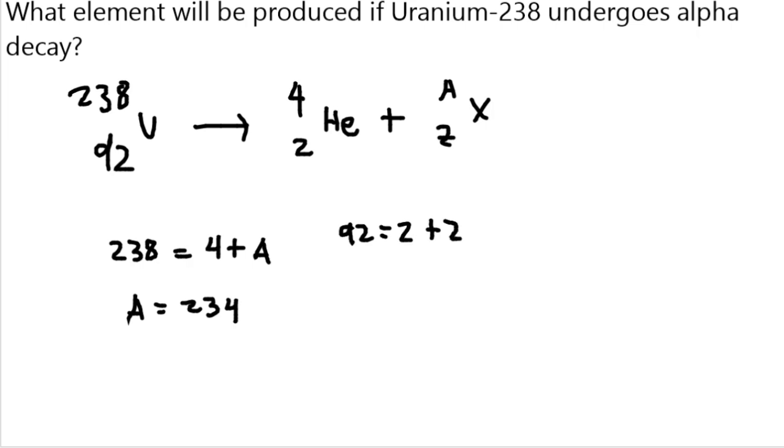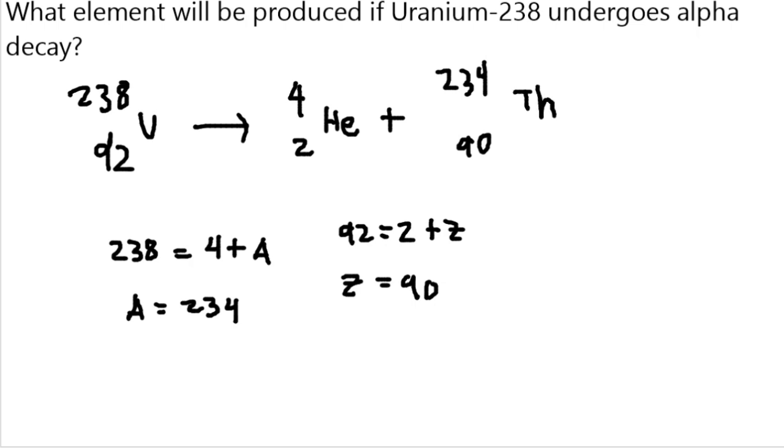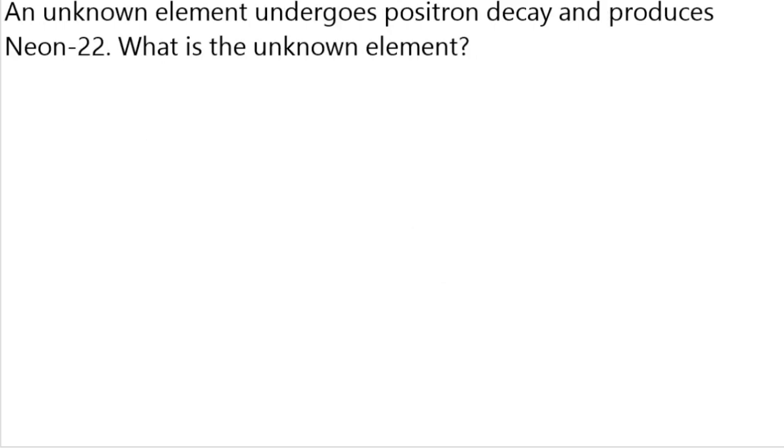So our A is going to be 234, that is its mass, and Z is going to be 90, its atomic number. So 90 in the periodic table is going to be, let me look up, thorium. So this is an isotope of thorium, it's thorium-234.